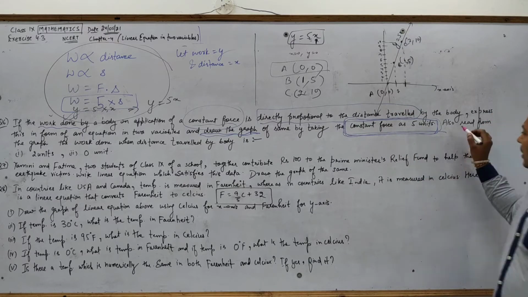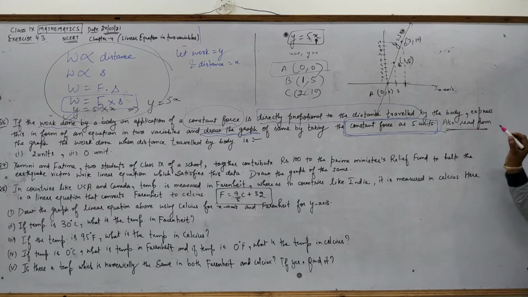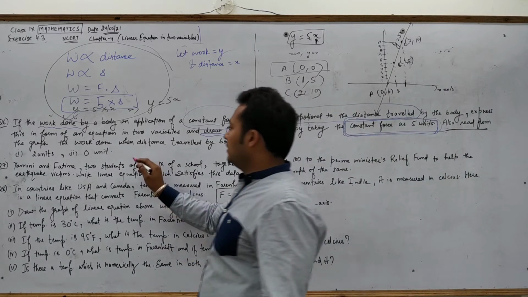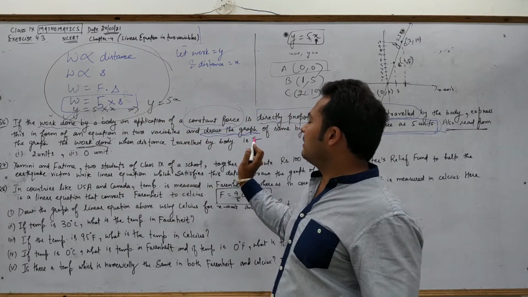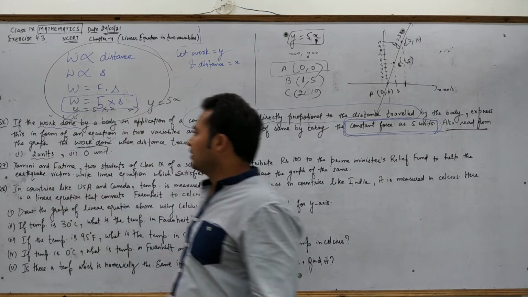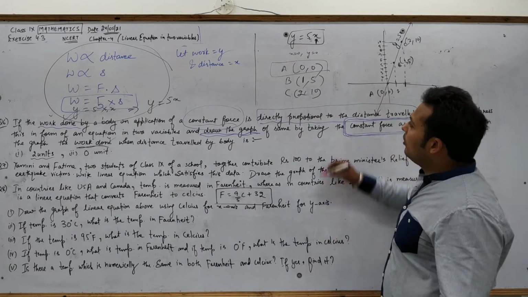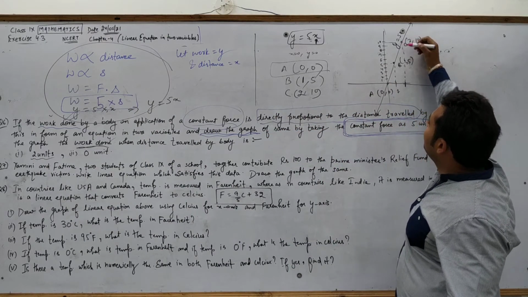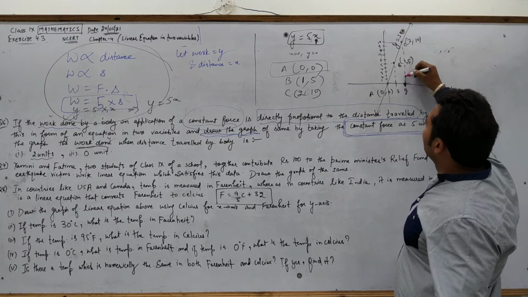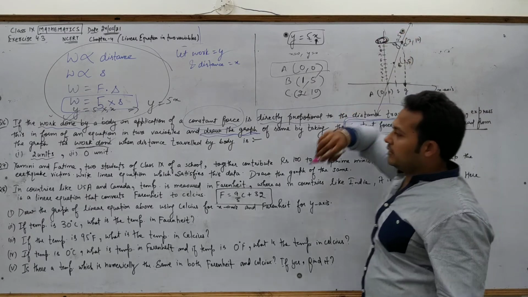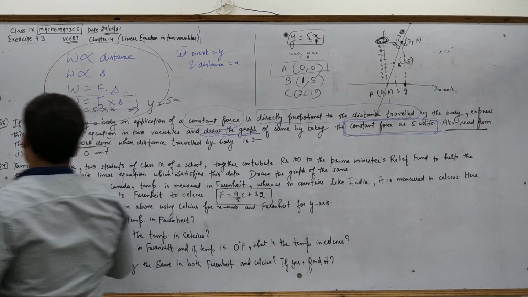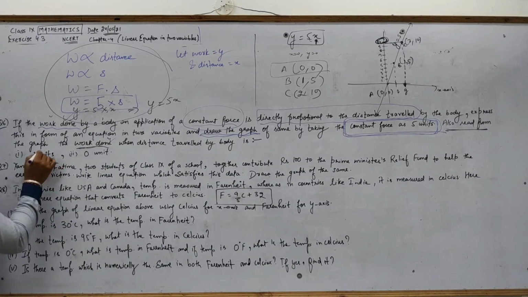Also read from the graph the work done, that is, we are to calculate y when the distance travelled by the body is 2 units. When the value of x, the distance travelled by the body, is 2, at that situation work done is equal to 10 units.